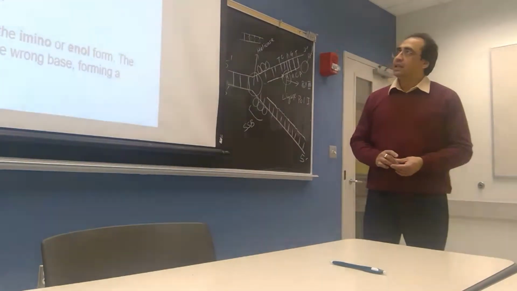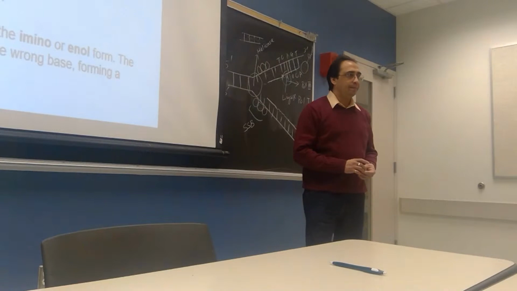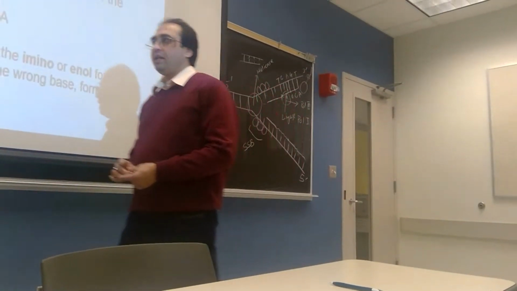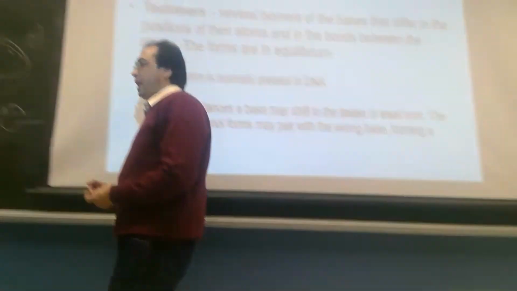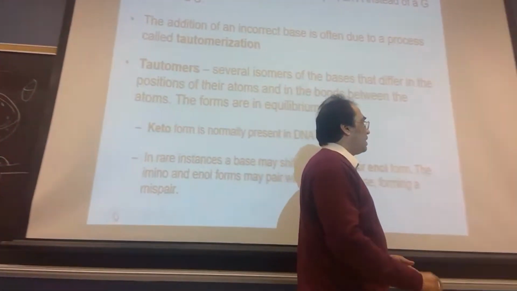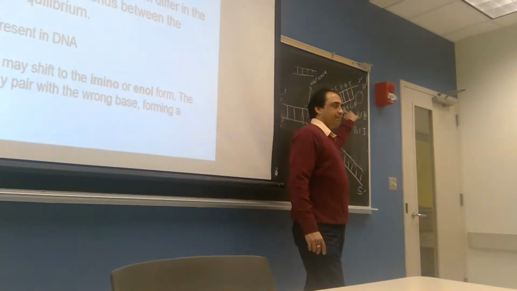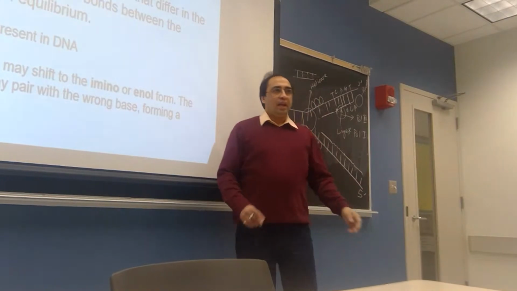In such a case, there is a chance that there are some mismatch pairings. What are those mismatch pairings? Suppose there is C here, G needs to be added, but one A is added here. Can it be done?